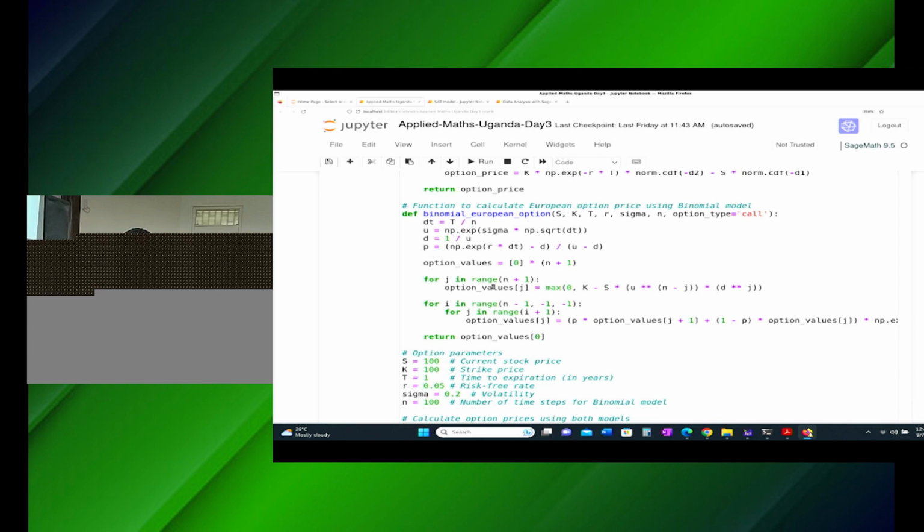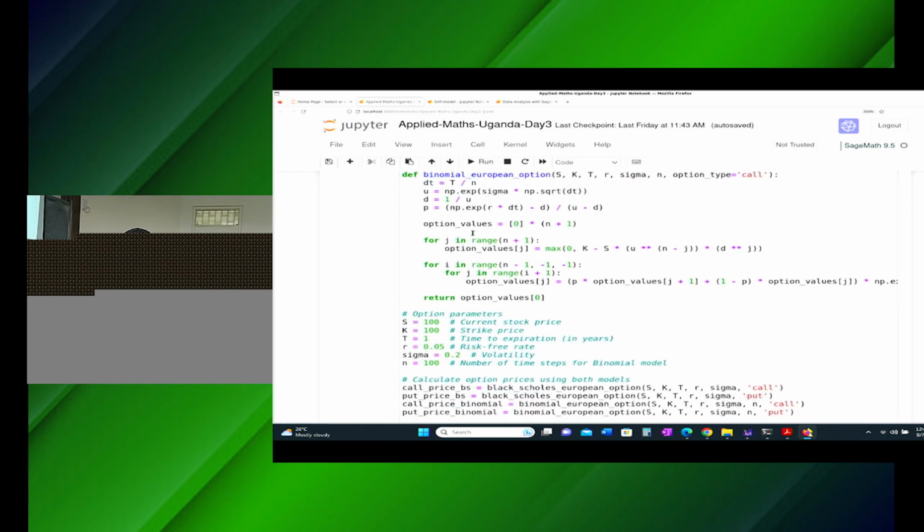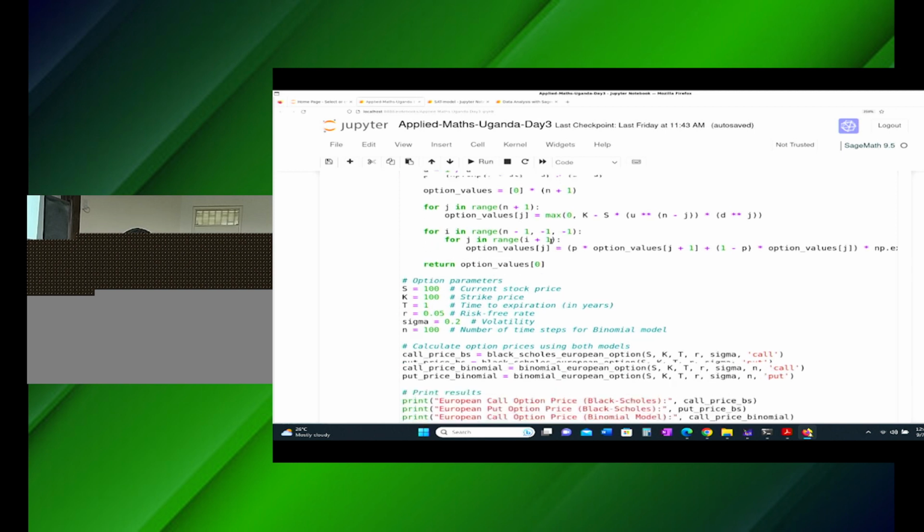Only two things can happen. And then for each of them, as we keep going, they keep branching. That's what we use to price the option, depending on the kind of option, if it's a European option or if it's an American option. So you need to have that background, and then you can now bring out your model for the binomial.